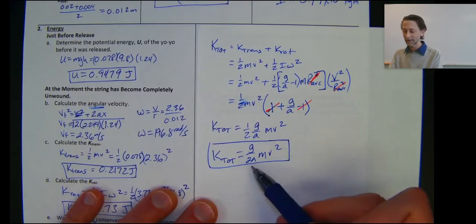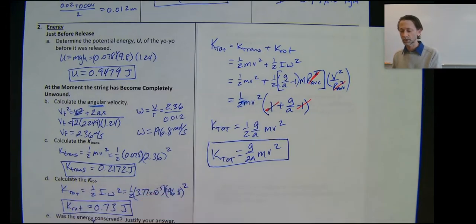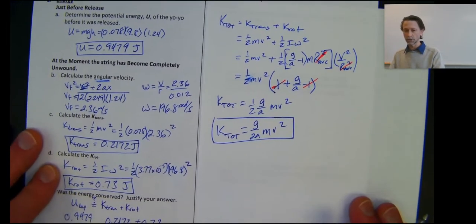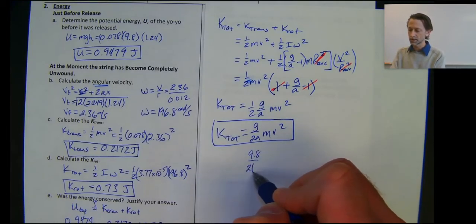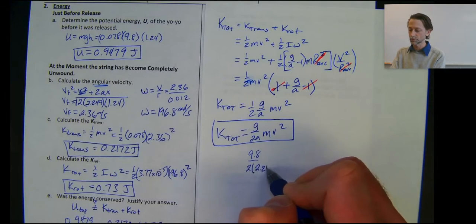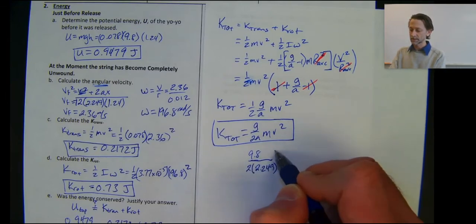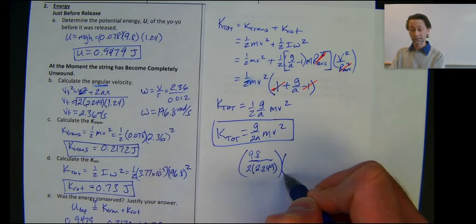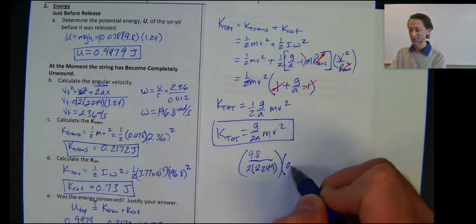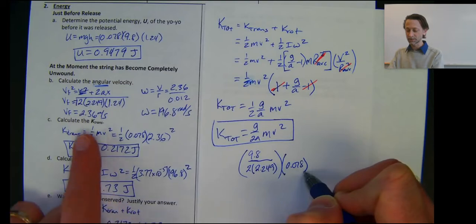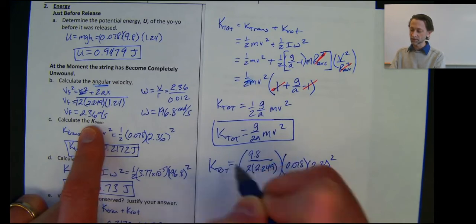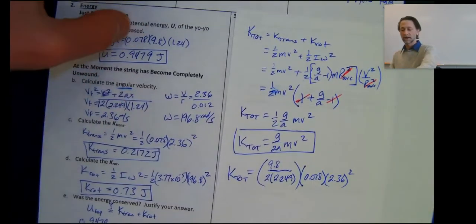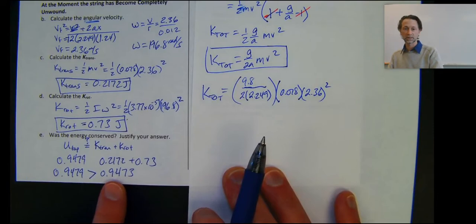So notice that that kinetic energy is still going to be some fraction of a coefficient times the mass times the velocity squared. And interestingly enough, if you want to, you could plug in these values where you'd say 9.8 over 2 times the acceleration, which we said was 2.249, times the mass, which was 0.078, times the velocity that we calculated, the 2.36, squared, and you should end up very close, if not similar, to this value that we calculated the total kinetic energy to be, the 0.943.